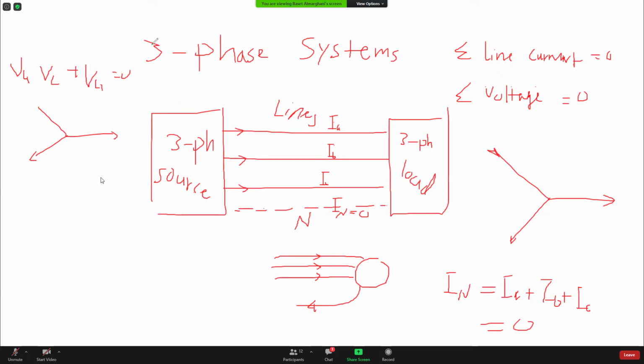Anyhow, so we said a 3-phase system means a 3-phase source and a 3-phase load. After that, we talked about the 3-phase sources.